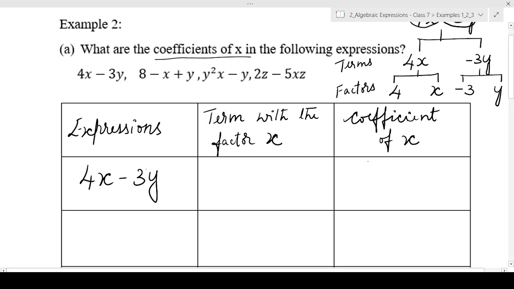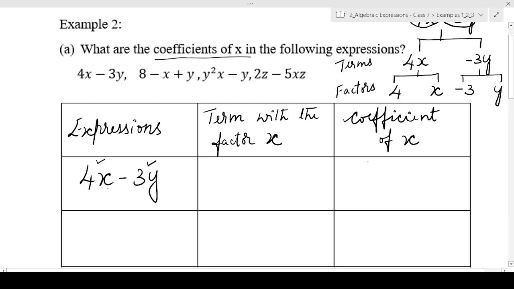Let us go ahead and now solve the first expression, 4x minus 3y. This expression is made up of two terms. One is 4x and the second term is minus 3y.